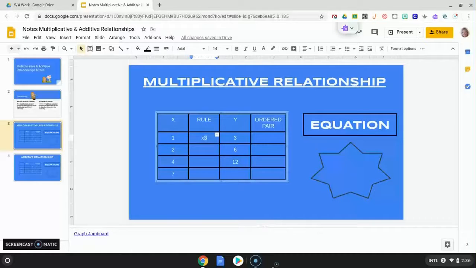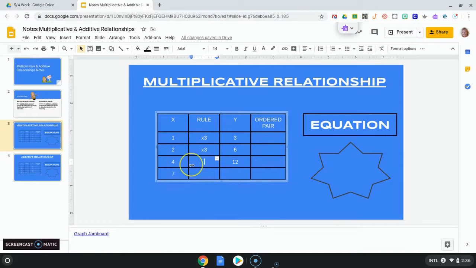They just work interchangeably. So staying with this, 6 divided by 2 is also 3. So I know that to get from 2 to 6, I just multiplied by 3. So that's my rule. Going from X and getting my answer over here as Y, I'm taking my X value and multiplying it by 3.